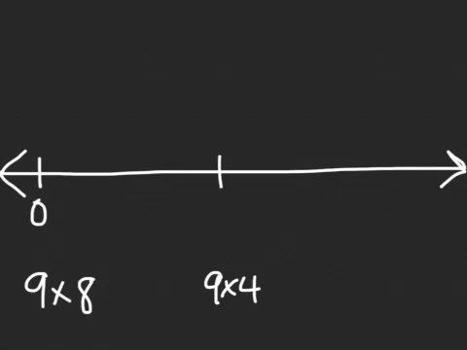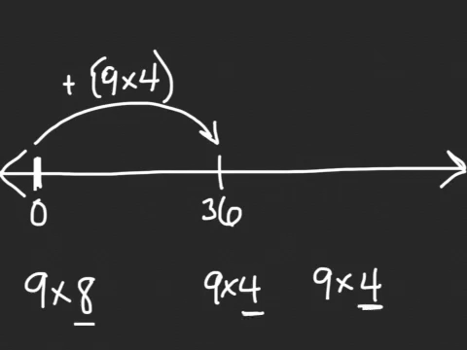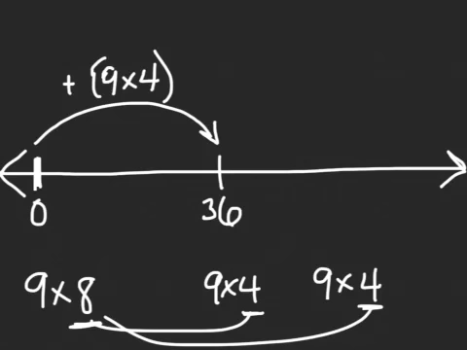That student could then go, well, if I added from 0 a group of 9 times 4, then I would land at 36. And then I would need another group of 9 times 4 to get me a total of 9 times 8.